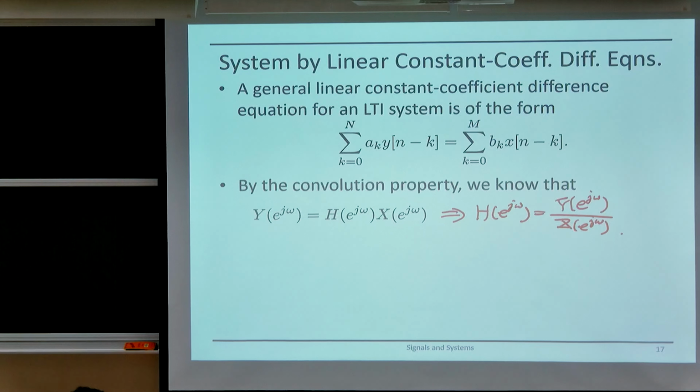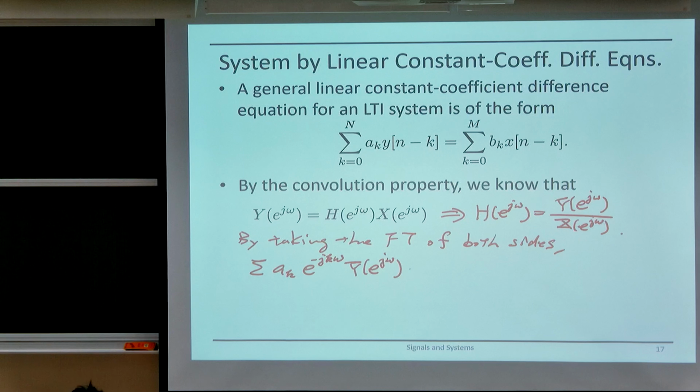So by taking the Fourier transform of both sides, we get on the left-hand side the summation of ak e to the minus jk omega Y(e^{jω}), k from 0 to capital N.